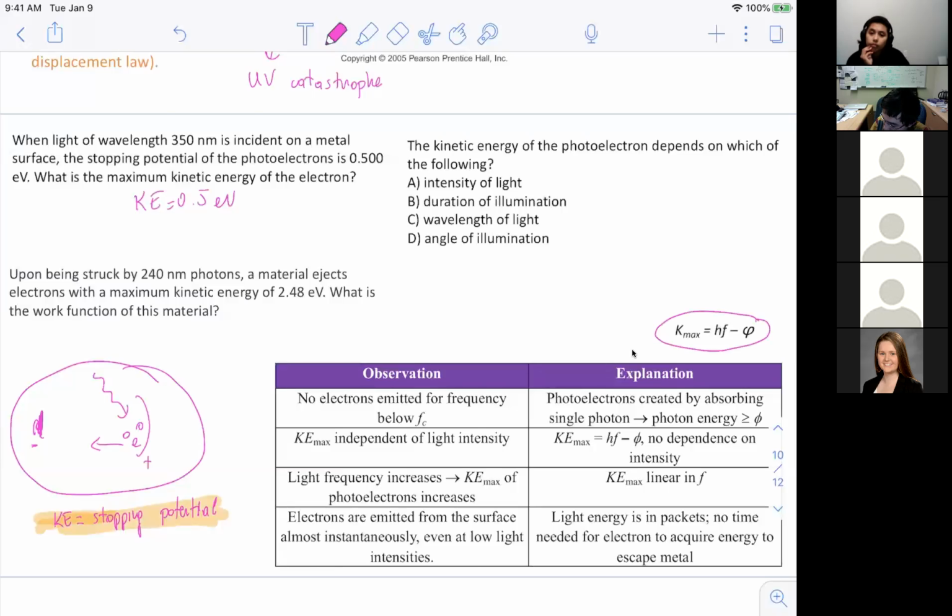So 2.48 equals hf, the energy of the photon, minus the work function. How do we find the photon energy? You know the wavelength, 240 nanometers, so you can find the frequency, and hf is going to be the energy.